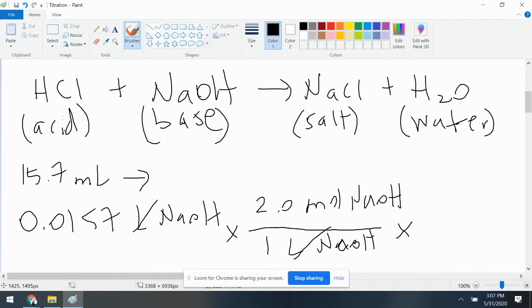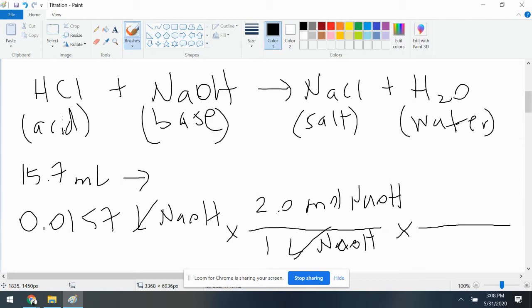Next, this is the next part. At the end, I want to figure out the unknown concentration of your hydrochloric acid. I'm going to use the balanced equation to set up my mole ratio. Notice from above, HCl plus NaOH yields NaCl plus H2O. Is this equation balanced?